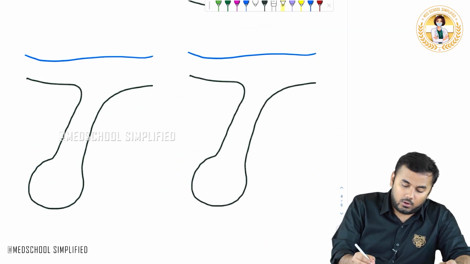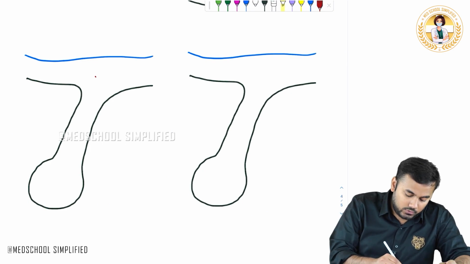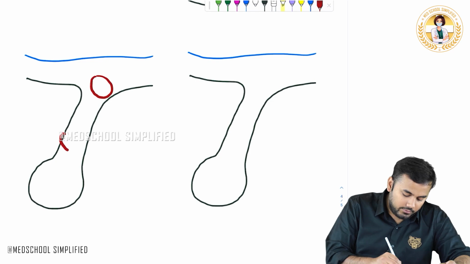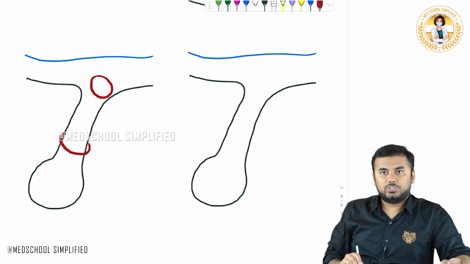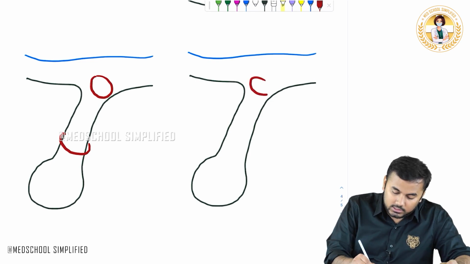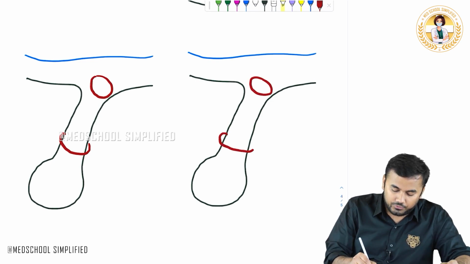Now, where are the rings? So this one over here is called our deep inguinal ring, and here we have this ring. This is called the superficial inguinal ring.